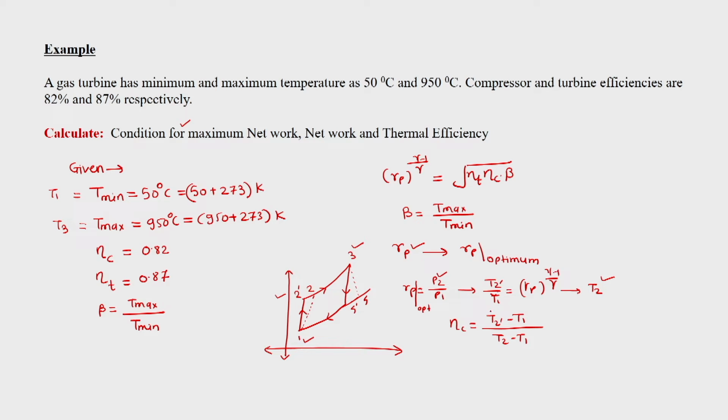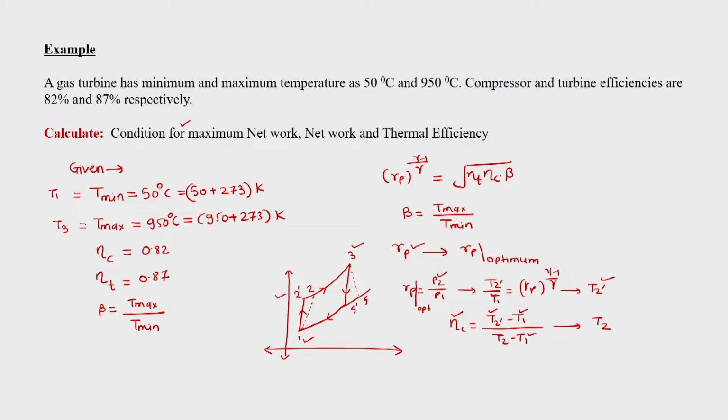From the isentropic relation T2 dash is known to us, T1 is known already, and the compressor efficiency is given, so using the isentropic efficiency formula we can find T2.